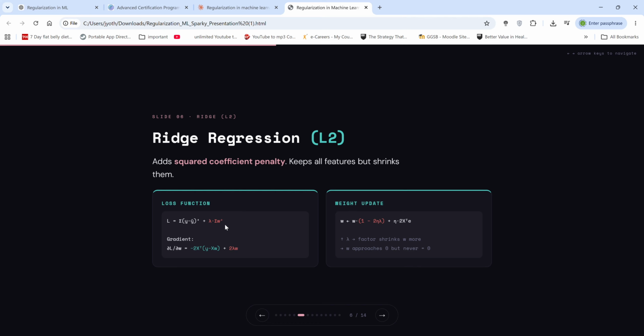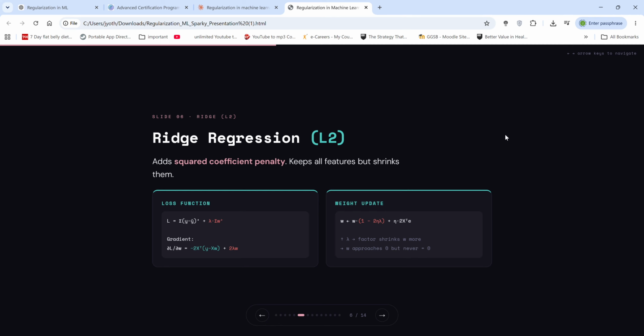Because lambda is in the denominator, the coefficient cannot be zero, and x and y, the independent and the dependent variable, cannot be zero either, because we need some features. We cannot add zero, and hence the coefficient in a ridge function is not zero.